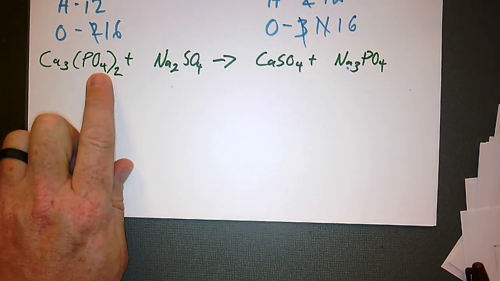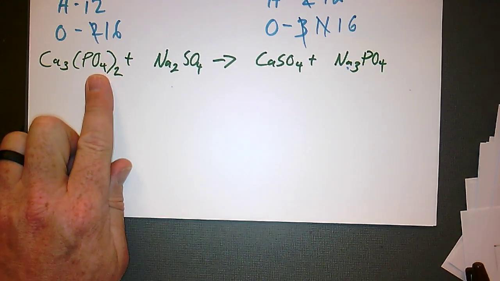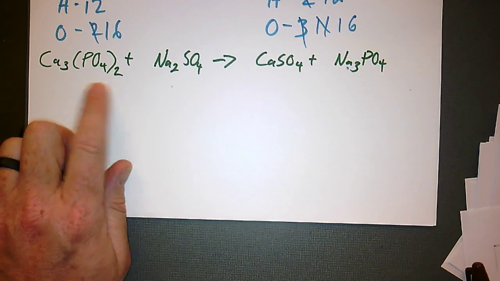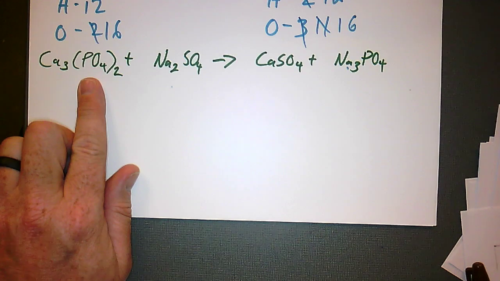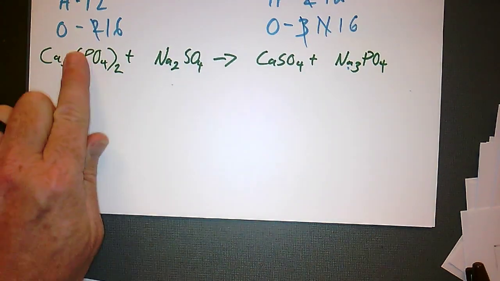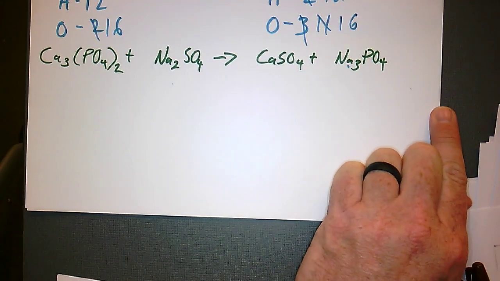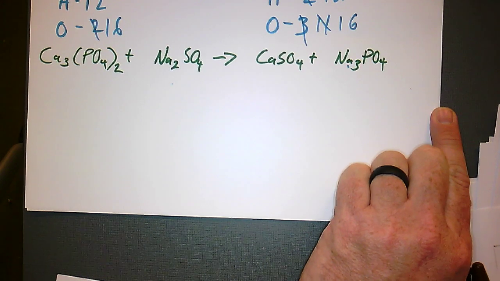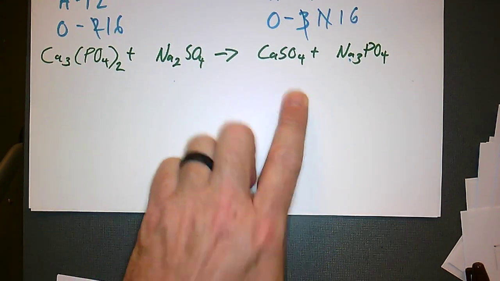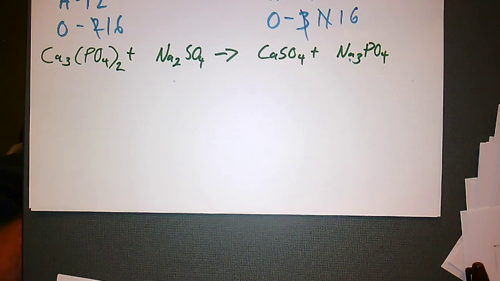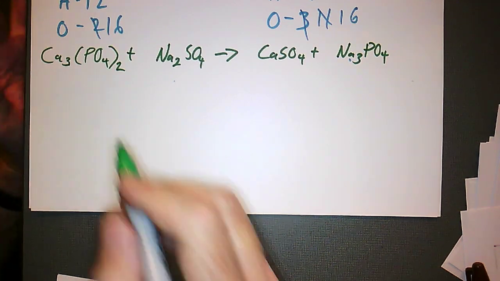I know that partially because I should just know that that's phosphate by now. But the other part is it's in parentheses, right? And if I have a polyatomic ion and it appears on both sides, I can treat it as one thing. All right? And SO4 is on both sides. I can treat it as one thing. It makes it much easier to balance.